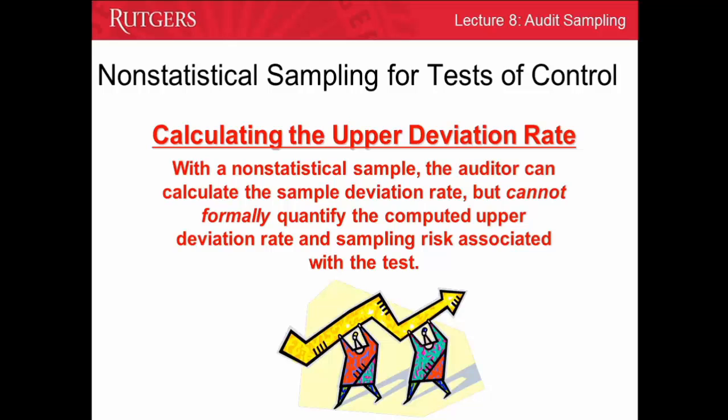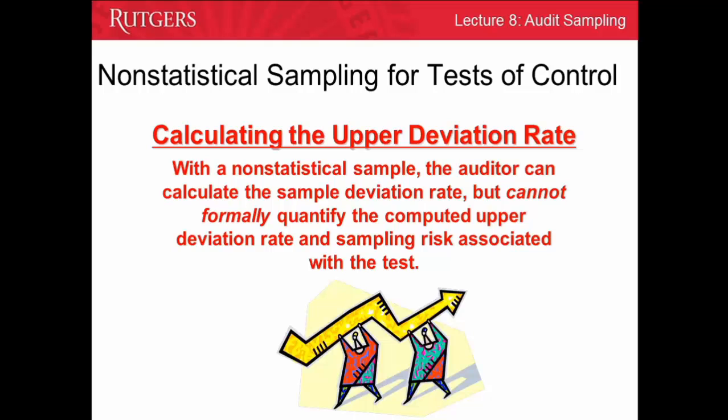In that case, there is likely to be an unacceptably high risk that the true deviation rate in the population exceeds the tolerable rate. If the auditor concludes that there is an unacceptably high risk that the true population deviation rate could exceed the tolerable rate, it might be practical to expand the test to sufficient additional items to reduce the risk to an acceptable level.